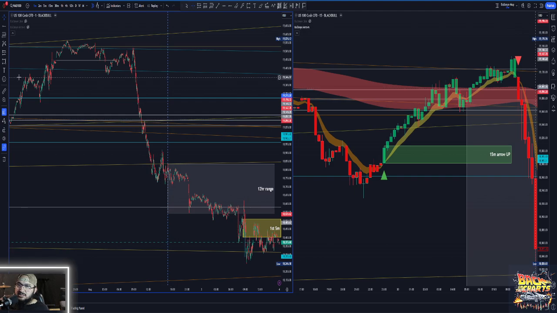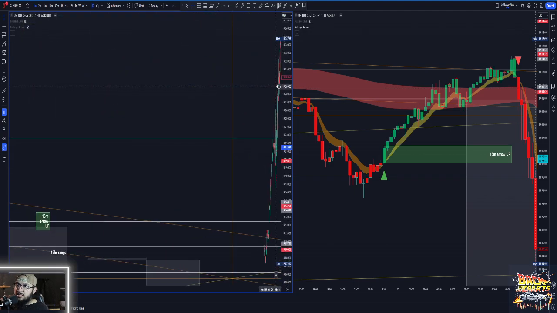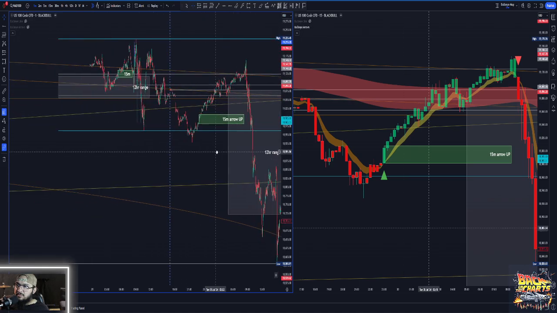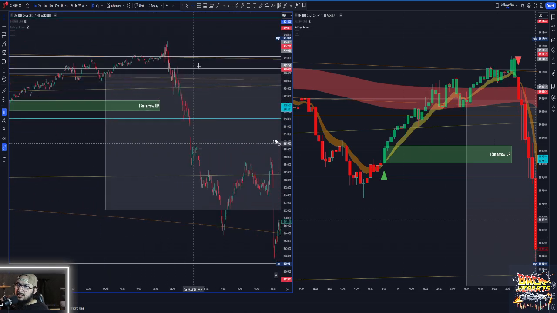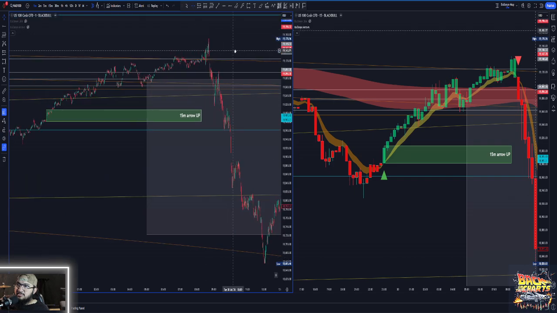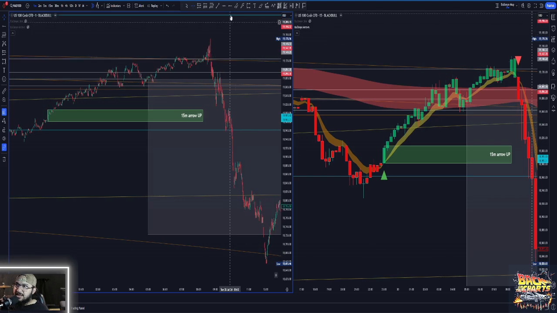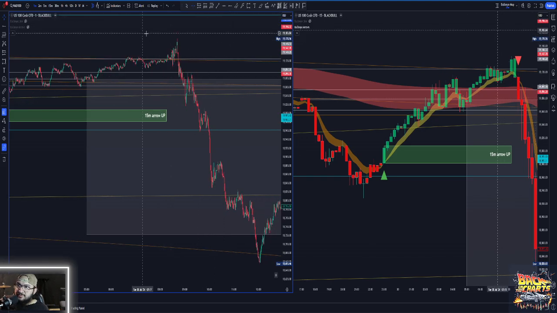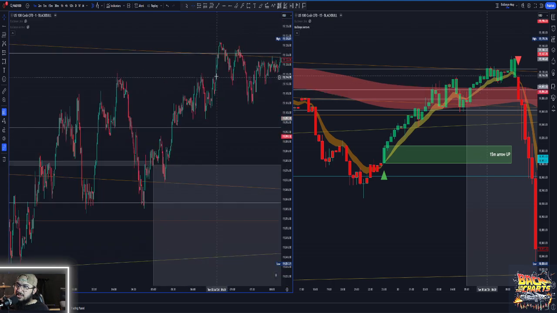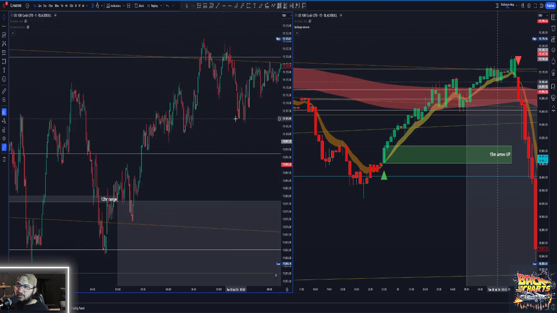Here is Tuesday right here. And you can see previous day low, this blue line, and previous day high is this line. So we broke above the 12-hour range.